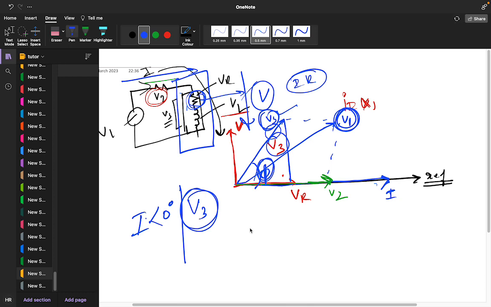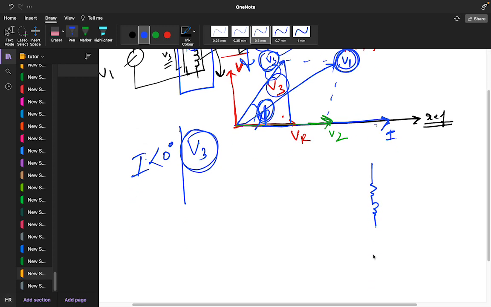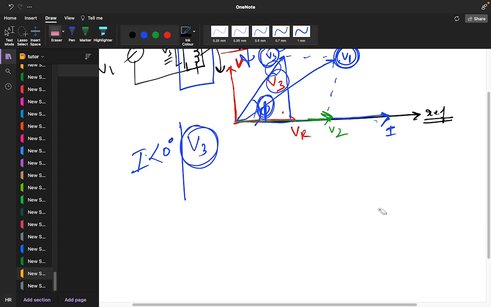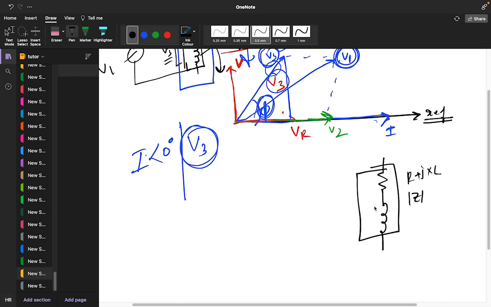See, if this is an RL load, an RLC load will also come. So what I am saying, if this is your RL load, R plus jXL, that means you will get some Z, in this branch I am not considering R, you will get some Z at an angle theta.